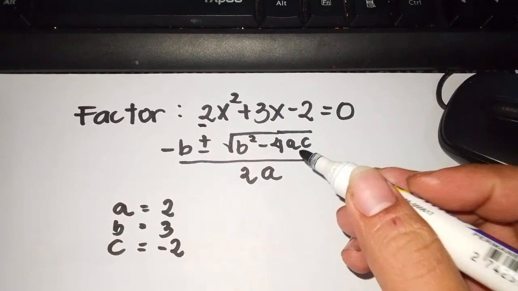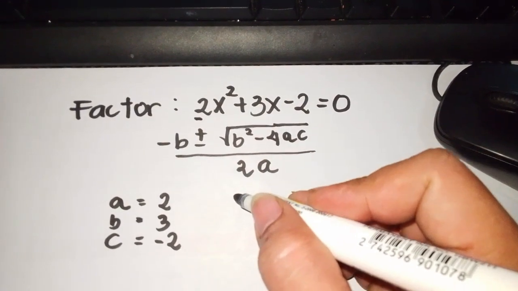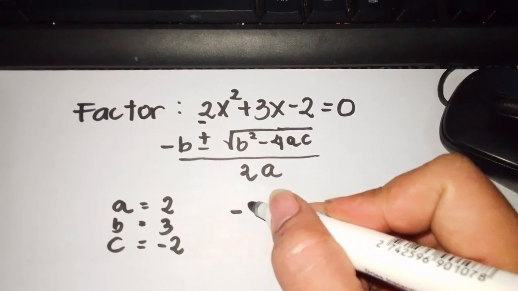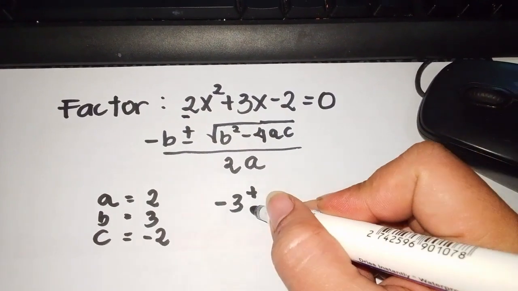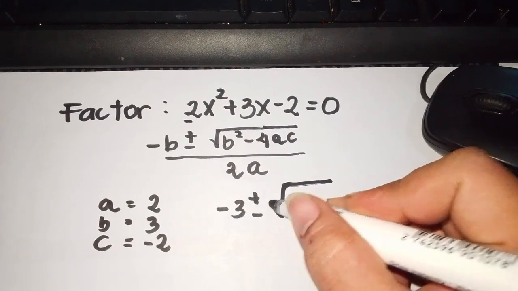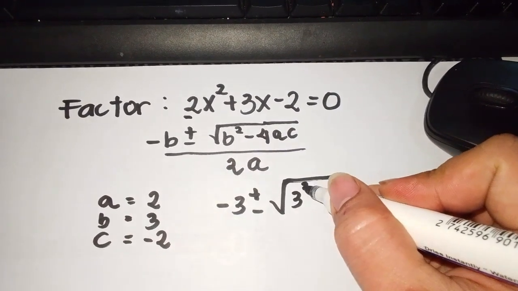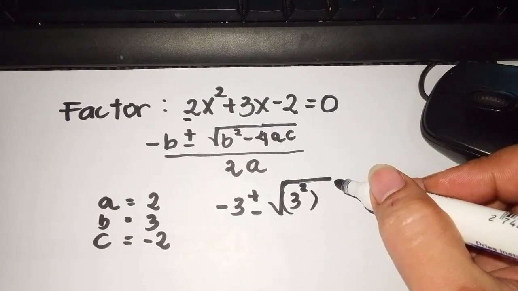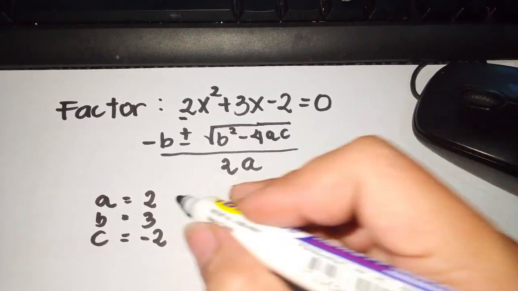So our constant. Okay, so after you have gained the values of a, b, and c, you can now plug in or use the formula. So substitute all the given letters, the a, the b, and the c. So we have negative 3 plus and minus negative 3 raised to the power of 2 minus 4 times a.